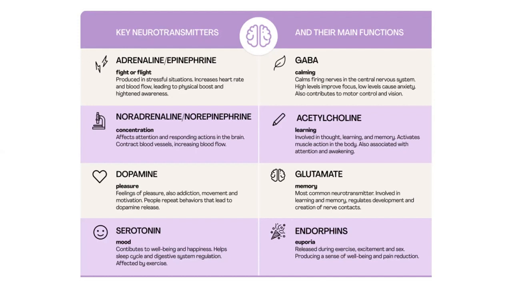Then there is glutamate, which is related to memory. Glutamate is related to memory. You can remember it like MG, or GM. Like GM, like you usually send GM text to people.